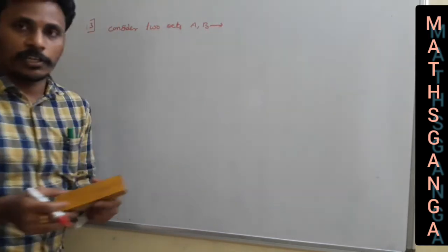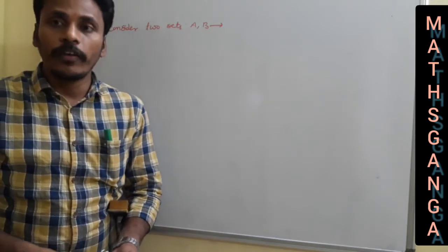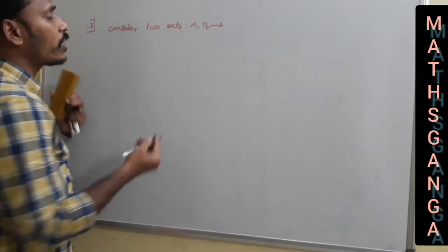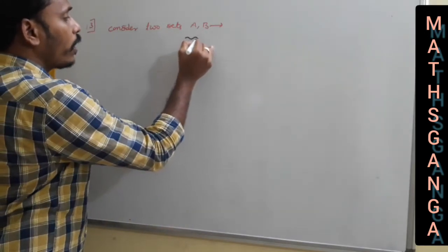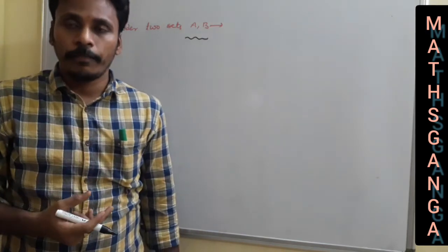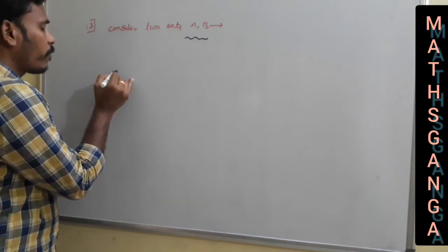As per our discussion, to represent these 2 sets, we need to use 2 different circles. If you think about these 2 sets A comma B, how many possible regions will be there? For example, I have an element, any element.